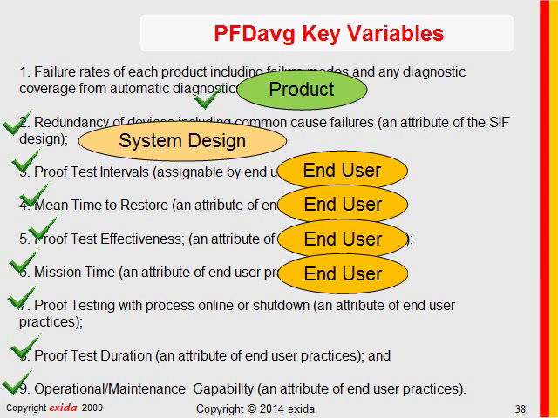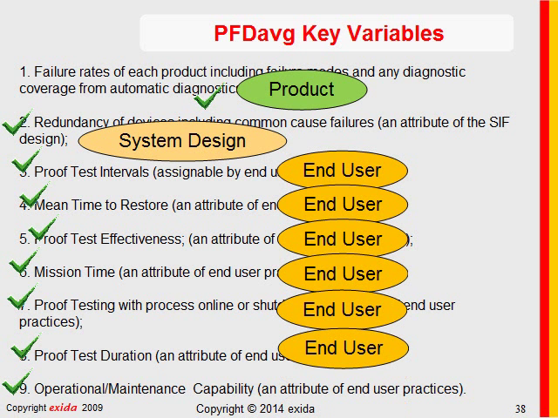Mission time. Entirely a variable of the end user, along with proof testing, whether online or offline. It's a function of system design at the end user level. Proof test duration is the responsibility of the end user, and certainly operational and maintenance capability is a responsibility of the end user. Do you get a picture? Most of the variables in PFDavg are not the responsibility of a manufacturer.